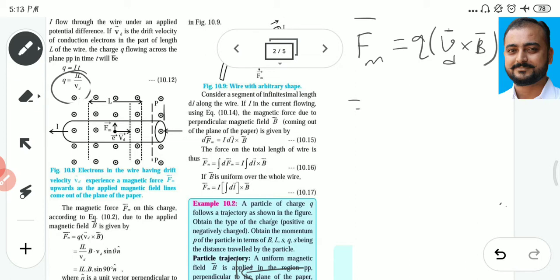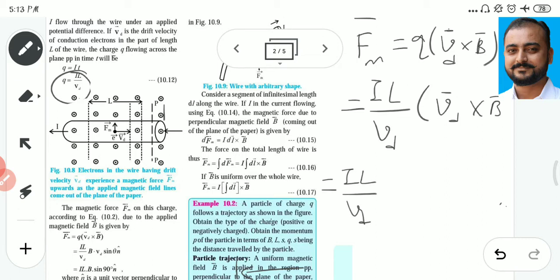So by substituting the value, charge can be given by I multiplied by L divided by Vd, and this is your Vd cross B. Then again we can use this formula in such a way that this cross product can be written as Vd B sine theta multiplied by unit vector n cap.